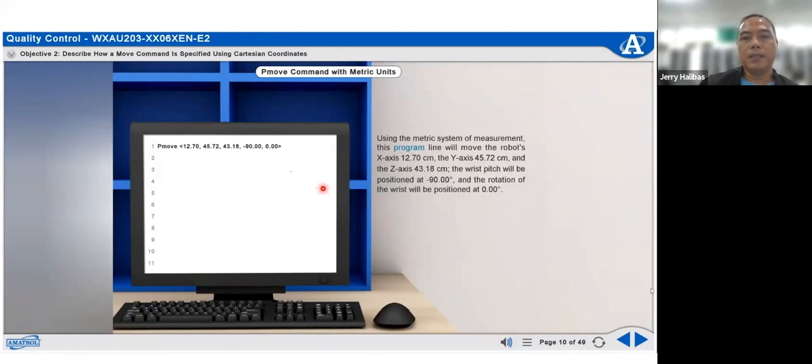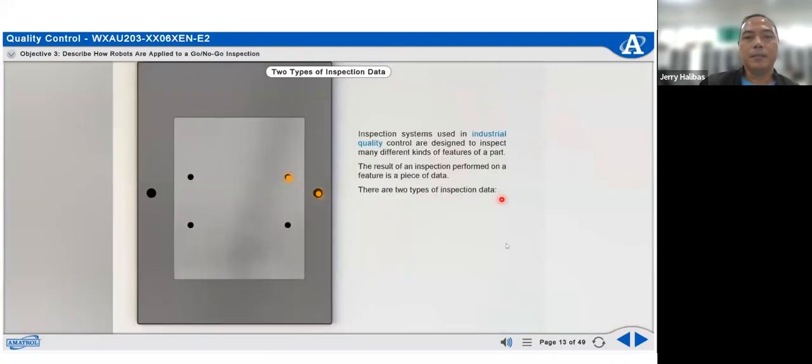Then, if it is in centimeters, it would be like this: P move 12.7 for the X and 45.72 for the Y-axis and 43.18 for the Z-axis in centimeters. Again, the pitch and the roll are negative 90 degrees and 0 degrees respectively. The unit is in degrees.